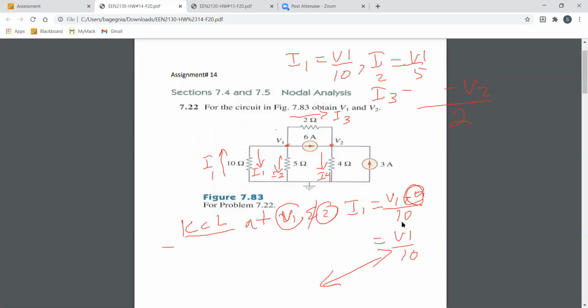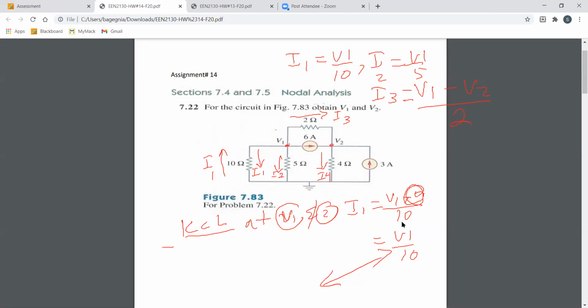So always, when you apply Ohm's law for the currents, always start from the tail.